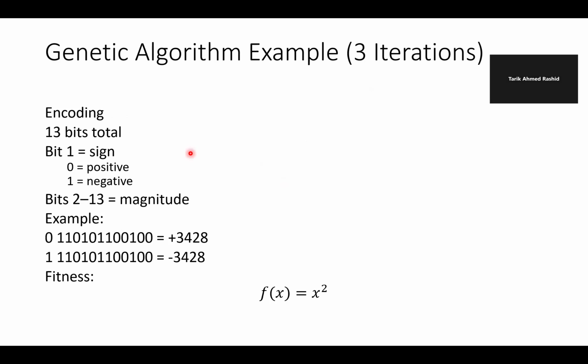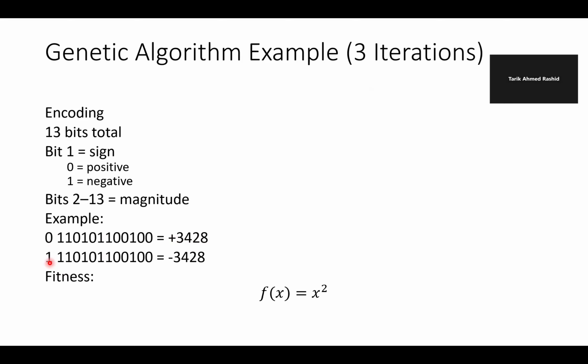So let's encode it. We will take 13 bits total, one bit for the sign, positive or negative. Zero is positive and negative is one. And the other bits represent the number, the digits. So for example, plus is represented by zero. For 3,428, these 12 bits will represent the digits, and the first bit represents the sign.